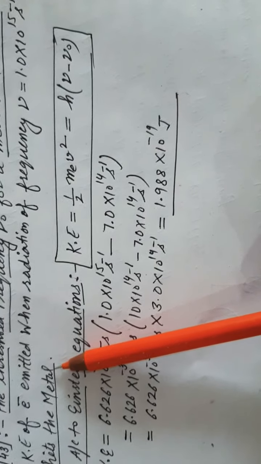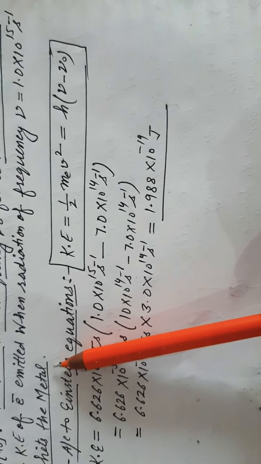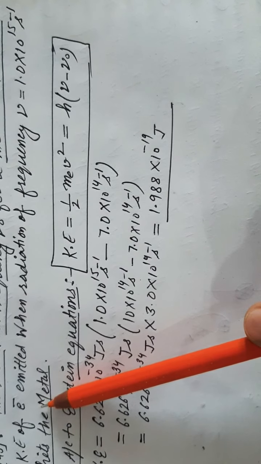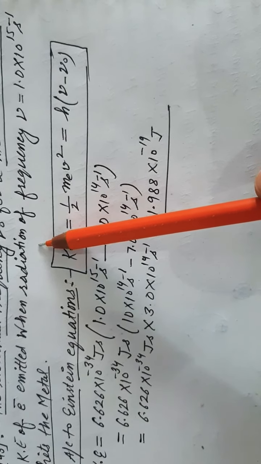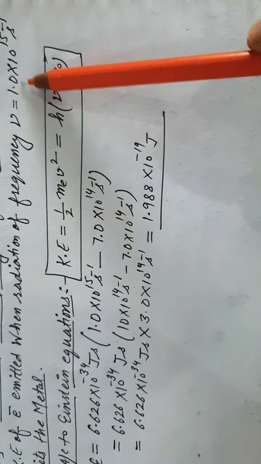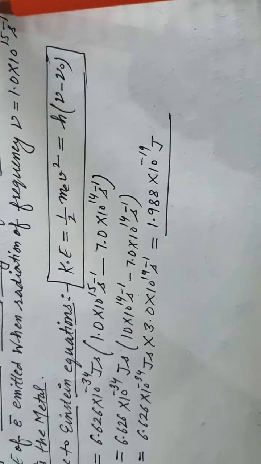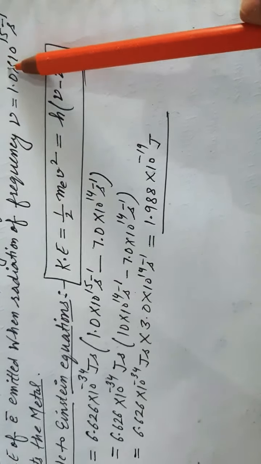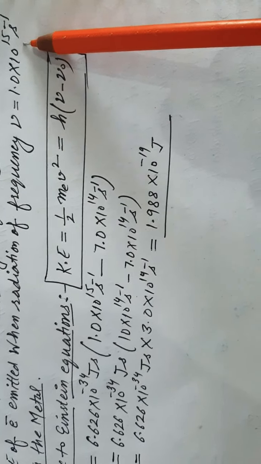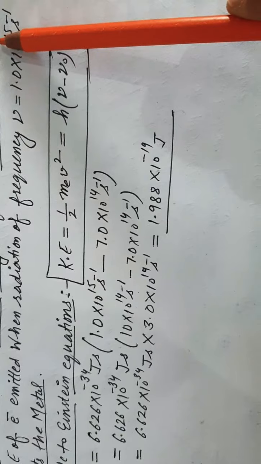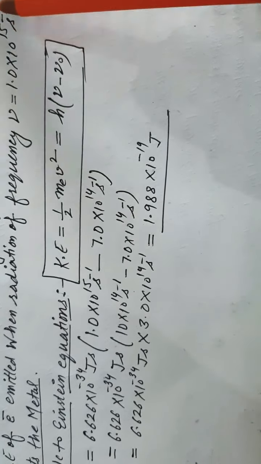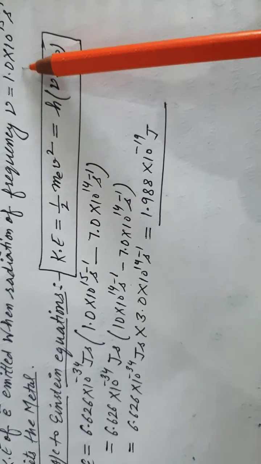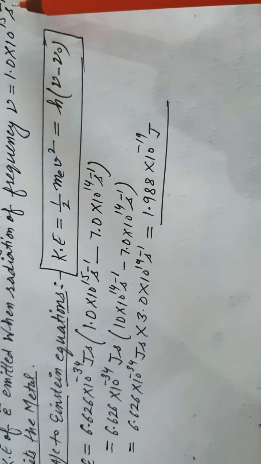inverse hits the metal. So dear student, this is the photoelectric effect and the threshold frequency is given for the metal. You have to find the kinetic energy, and the frequency of the incident radiation is also given, 1 into 10 raised to power 15 second inverse. So here check the difference between the frequency of the incident radiation and the threshold frequency of the metal. The frequency of the incident radiation should be greater than that of the threshold frequency. The threshold frequency is lower, 7 into 10 raised to power 14 second inverse, and the frequency of incident radiation is higher, larger, 1 into 10 raised to power 15 second inverse.